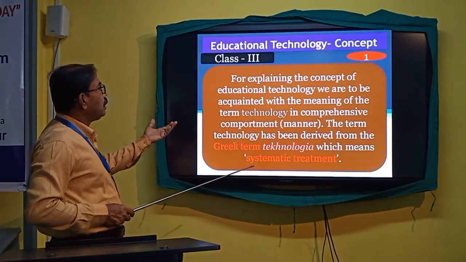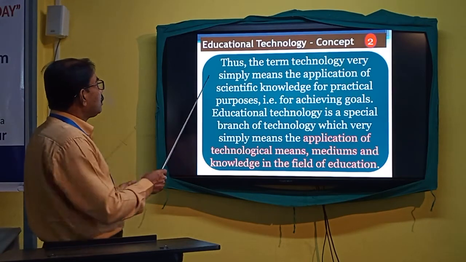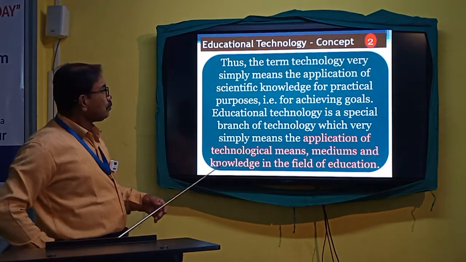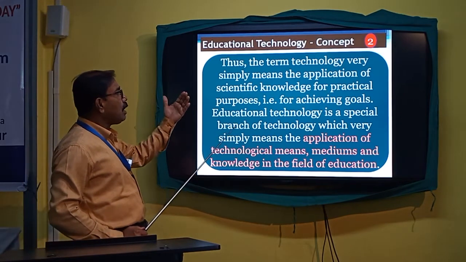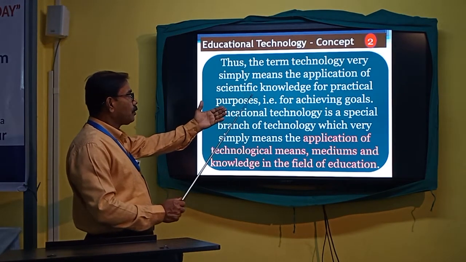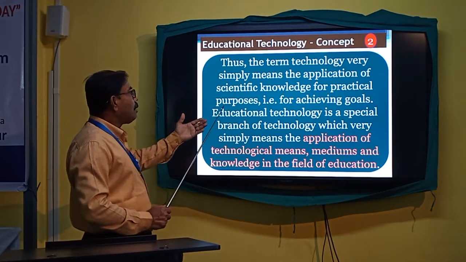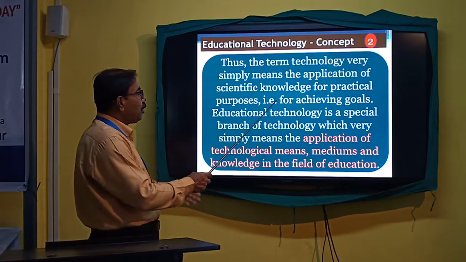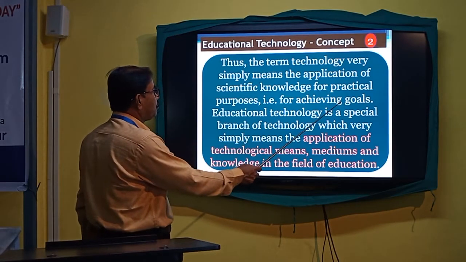Let us see the next slide. Thus, the term technology very simply means the application of scientific knowledge for practical purposes, that is, for achieving goals.